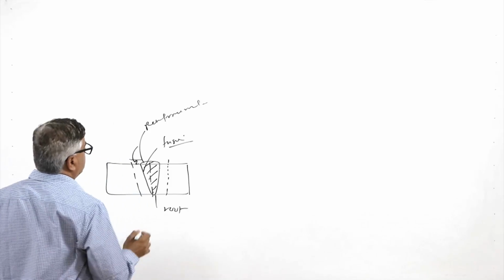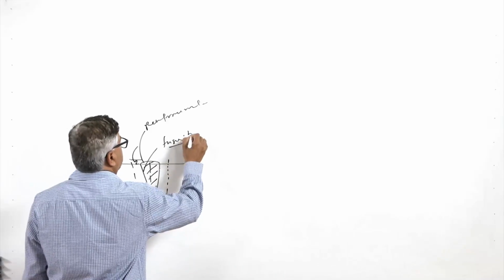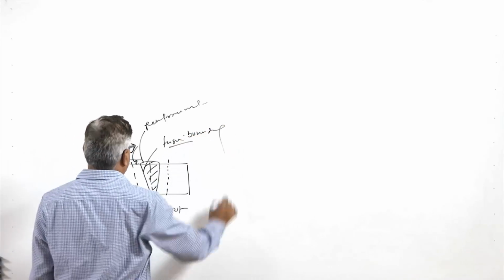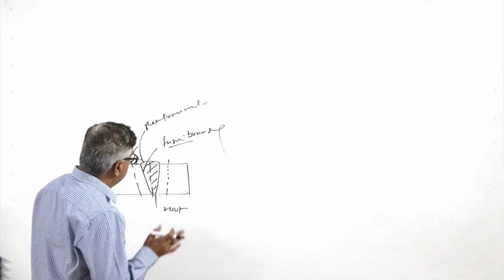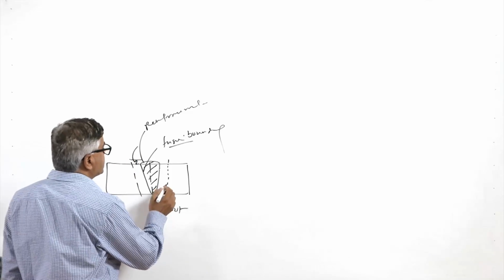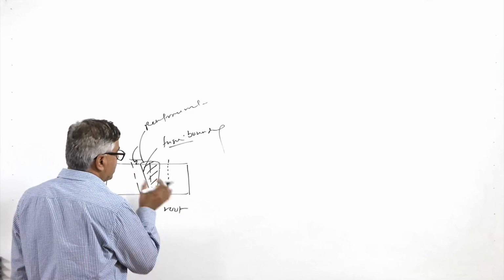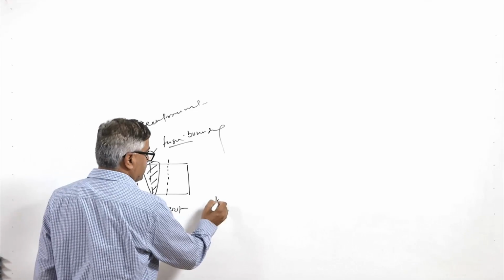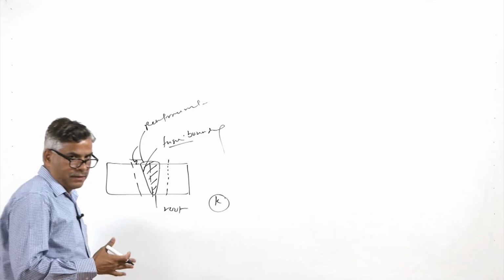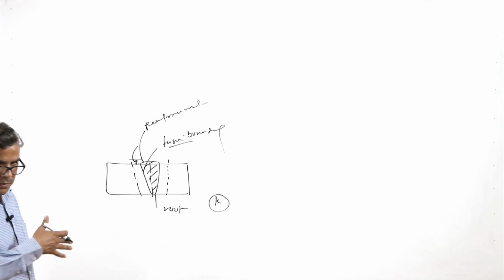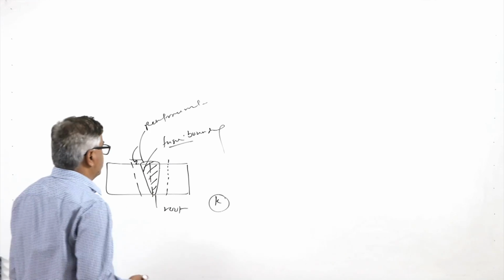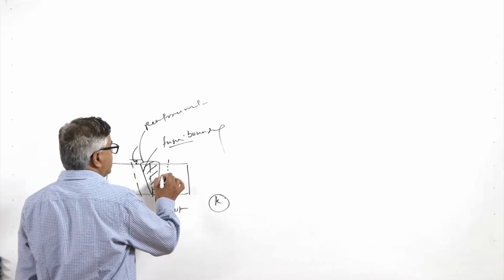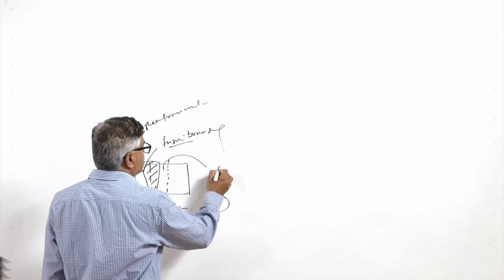The region near the fusion boundary is heated to a high temperature. It does not remain at room temperature, and this happens because of the thermal conductivity, the ability of the metal to transfer the heat away from the fusion boundary.